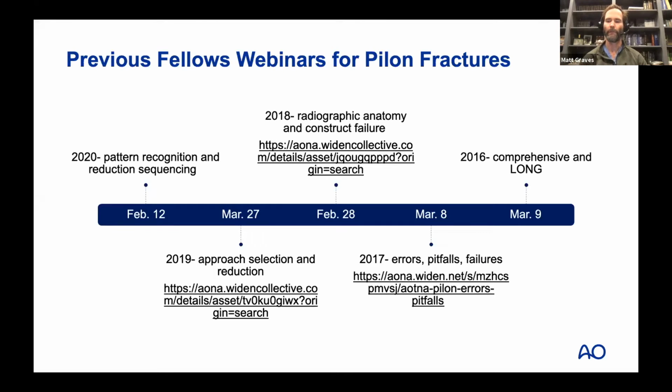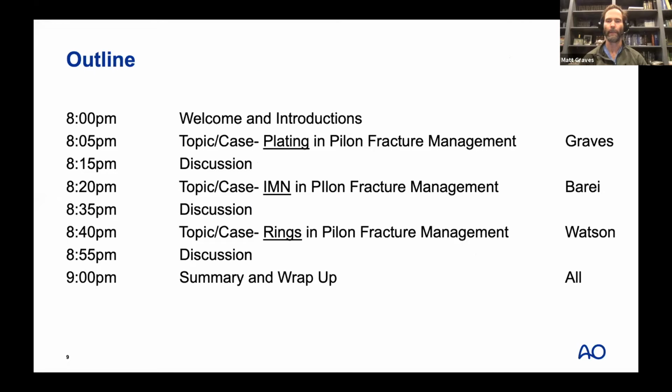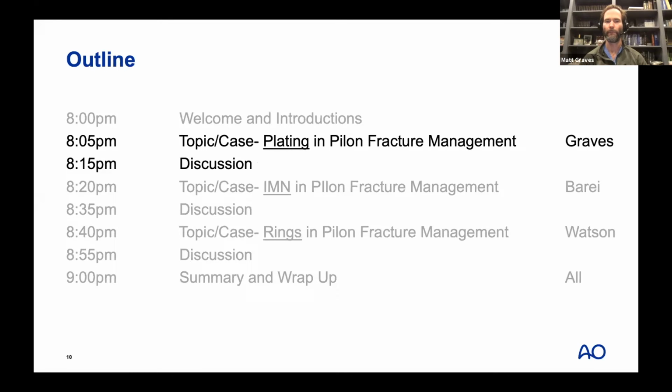So there are a lot of different things that we've talked about over the years, but tonight is going to be primarily talking about stabilization of Pilon fractures. While the AO generally teaches staged plating of Pilon fractures, we're going to talk about intramedullary nailing and rings as well. And this is the outline that we have for tonight.